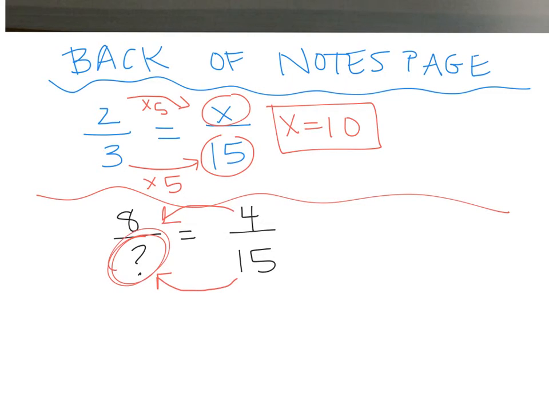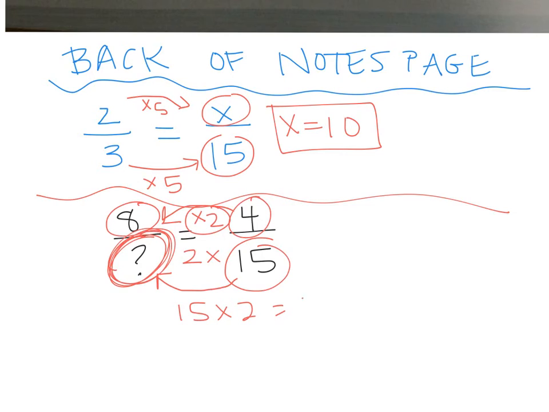So I don't do divided by 4 or divided by 2. I have to do times 2 because 4 times 2 equals 8. Therefore 15 times 2 will give me my question mark. And we know 15 times 2 equals 30. Therefore, my unknown equals 30.